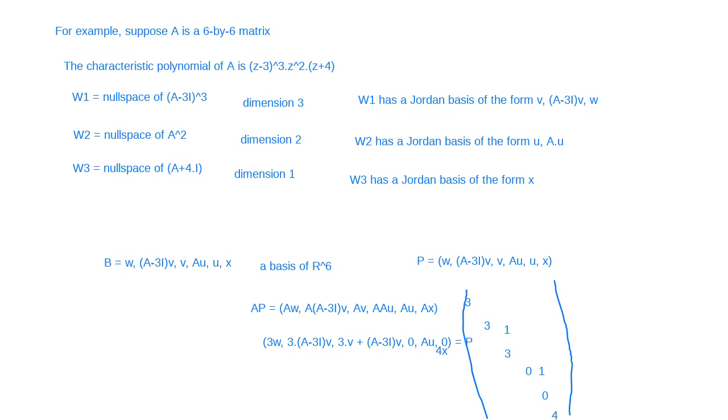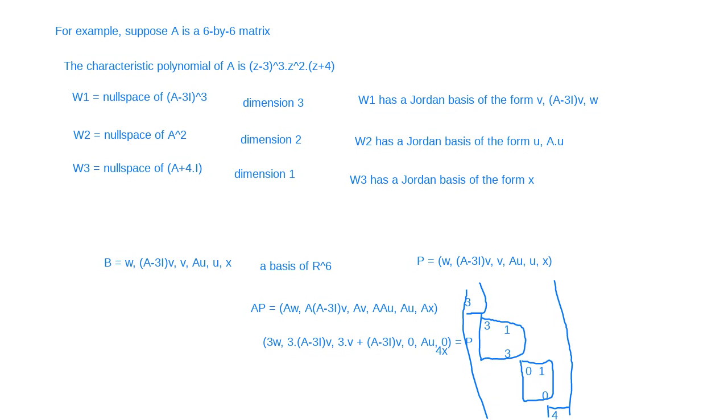And this matrix looks like it is a block diagonal form. It's not really a diagonal matrix because there are things slightly off the diagonal, but you can think of it as a block diagonal matrix, and the blocks are these Jordan blocks.